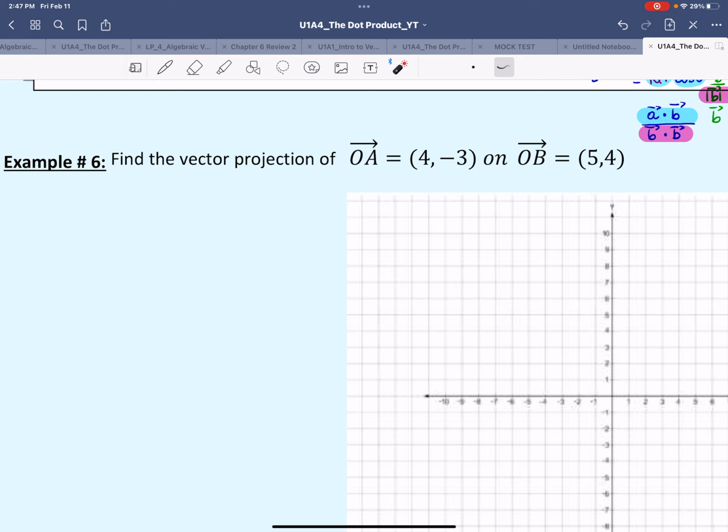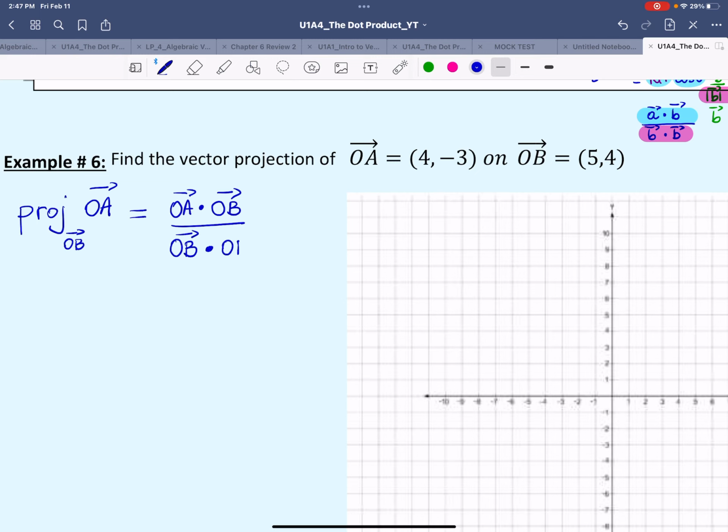There are two algebraic vectors, and if you want to find the projection of vector OA onto OB, OA will stay on top here, OB at the bottom of the word projection, that would equal the dot product of OA with OB divided by the dot product of the vector where we're projecting on with itself, OB dot OB, and then times the vector OB.